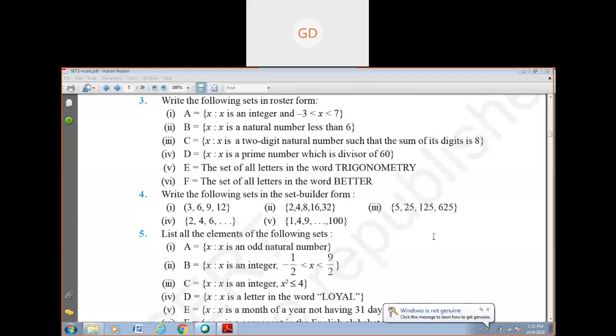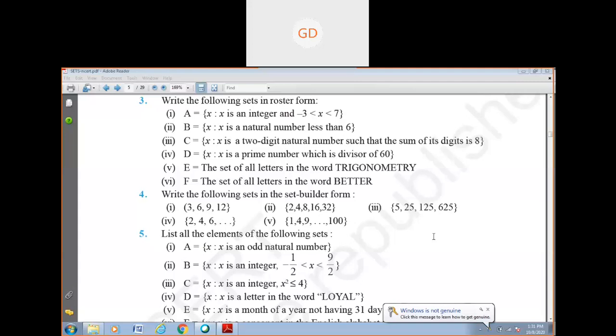Greater than minus half, that is minus 0.5. So the immediate integer greater than minus 0.5 is 0. So integers will be 0, 1, 2, 3, 4, 5, 6, 7, 8, 9, like this.